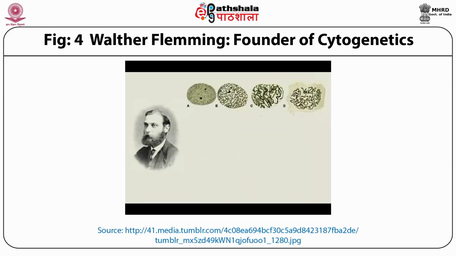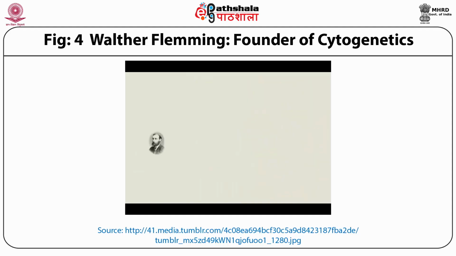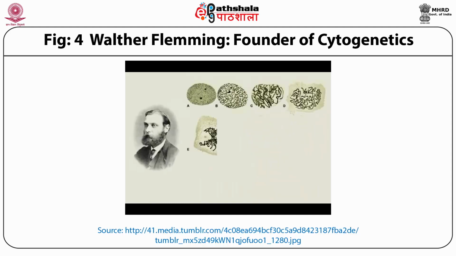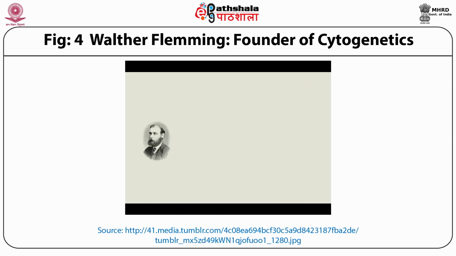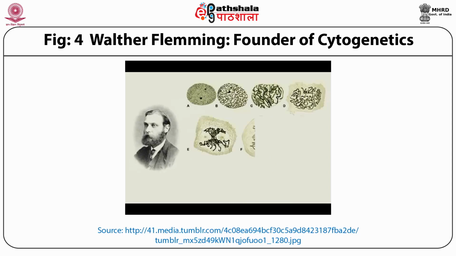In 1879, he stained salamander embryos using aniline dyes, which are byproducts of coal tar, and was able to identify and visualize the chromosome movements during cell division, which he described in his book Zellsubstanz, Kern und Zelltheilung, published in 1882.